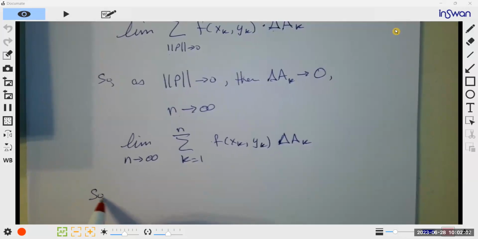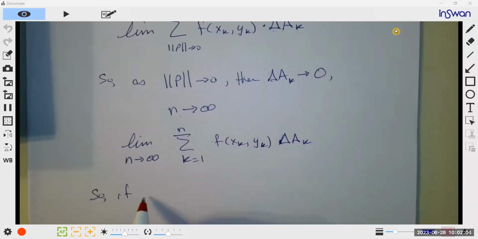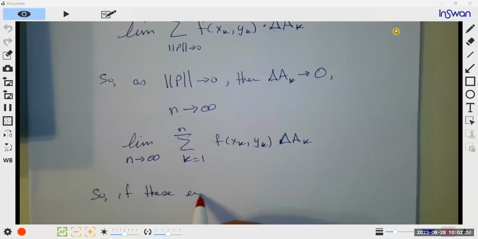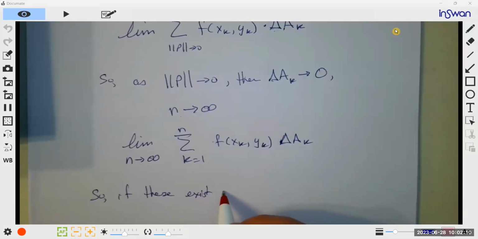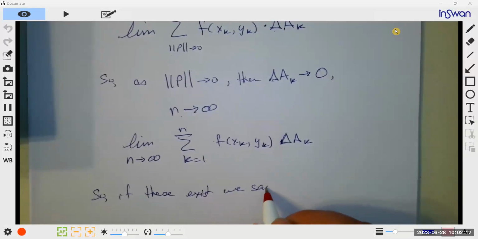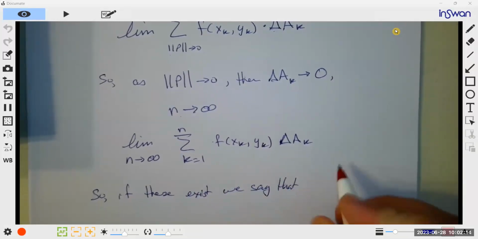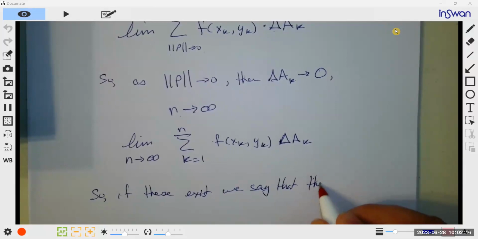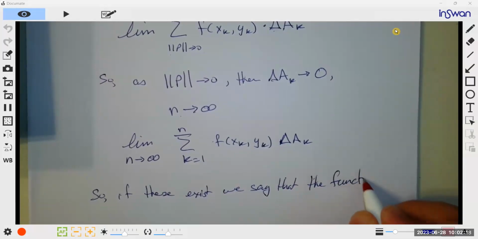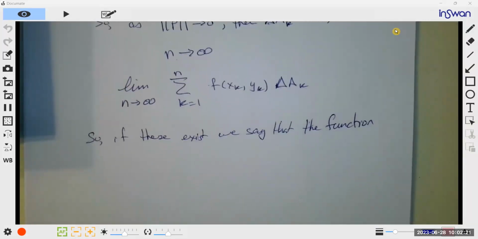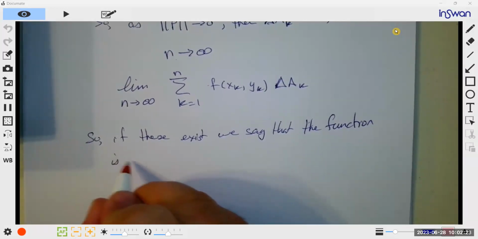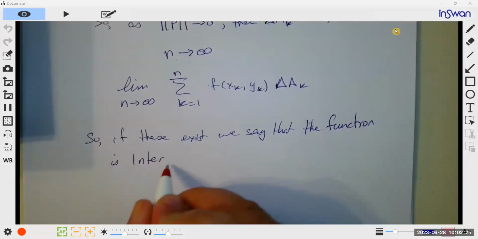So if these exist, we say that the function, no matter how many variables it has, is integrable.